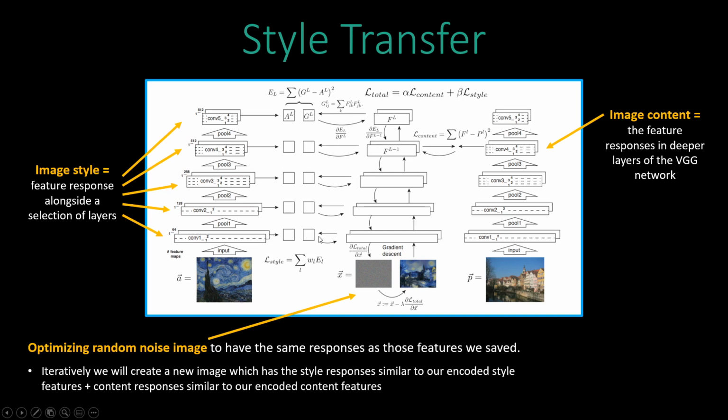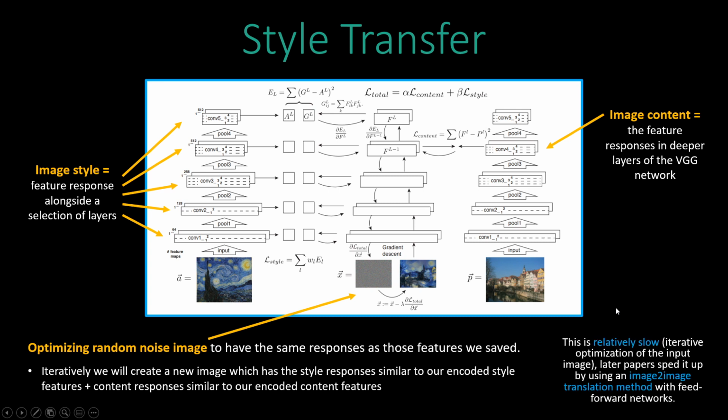And so it's maybe a little bit difficult to imagine what would happen. One thing to note also is that this is relatively slow. So we are starting with a random image, and then iteration after iteration, we are changing it to look more and more like these two images, with this one in content and with this one in style.